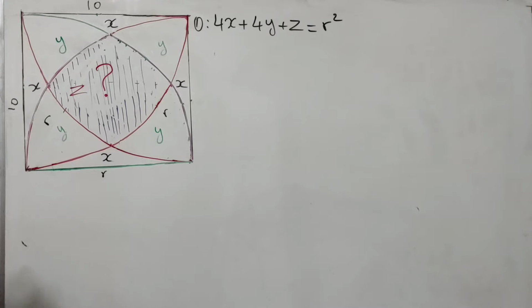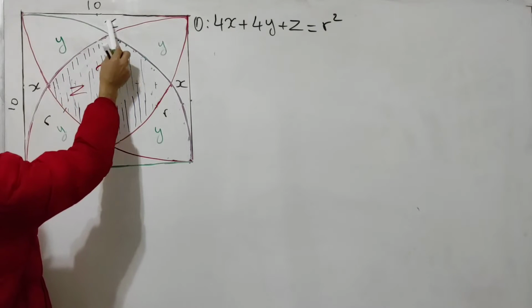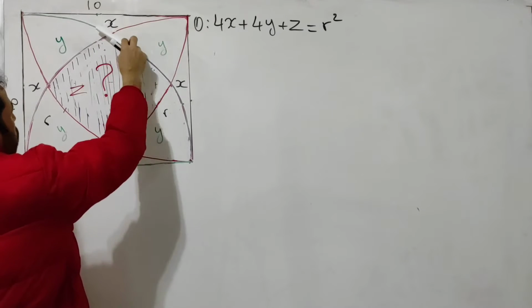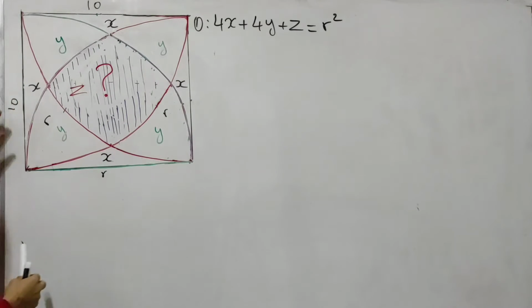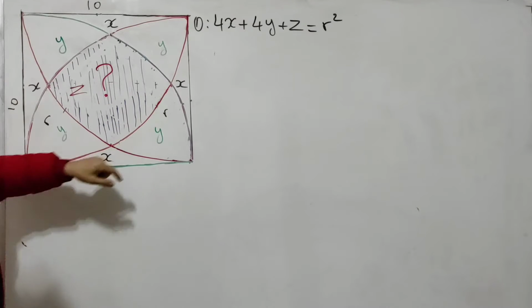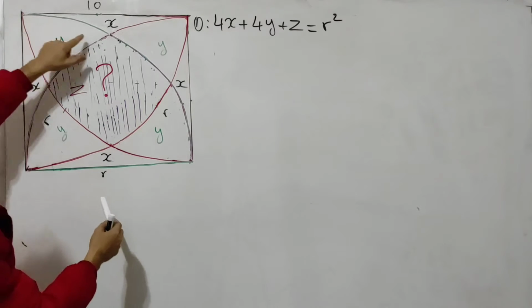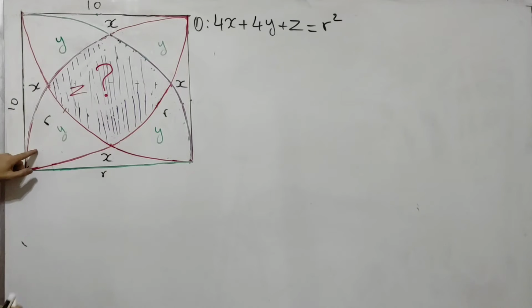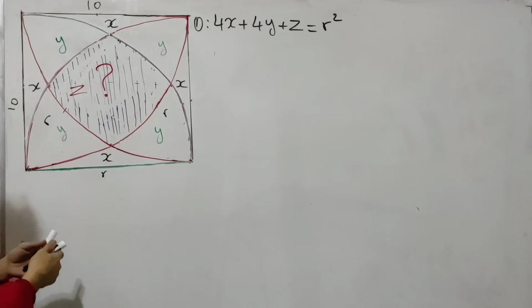In order to create the second equation, I'm going to ignore this side of the area, which is above this quarter of the circle. I'm going to worry about only this one here, which is the area of this one. Now it's very simple to calculate, because the area of this quarter circle is pi r square over 4.